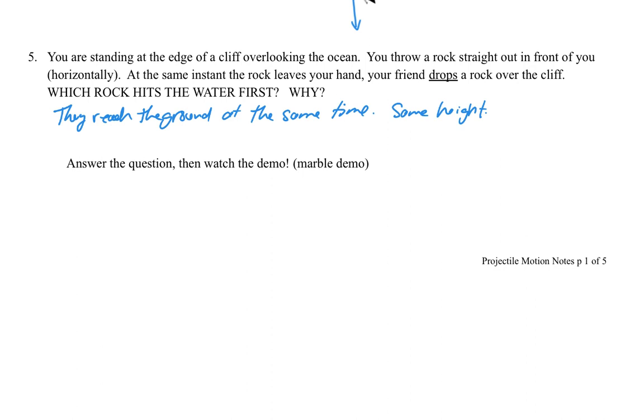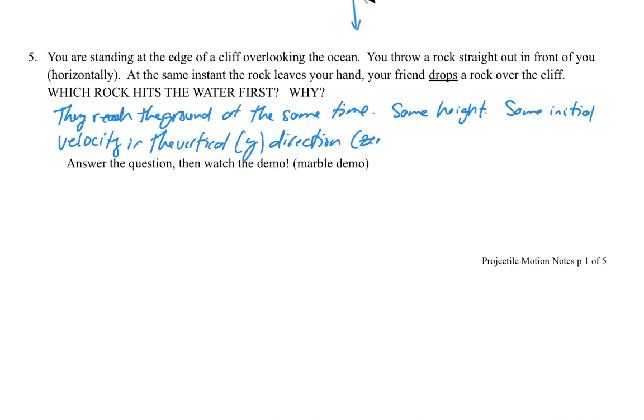They also have the same initial velocity in the vertical direction. Vertical is the up-down, sometimes called the y direction. And that velocity is 0. Because when we threw the rock horizontally, that means we gave it only horizontal velocity, no vertical velocity. Your friend did the same when they dropped the rock.